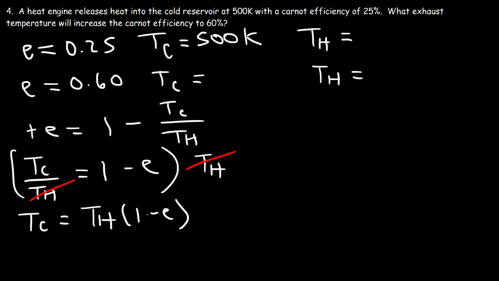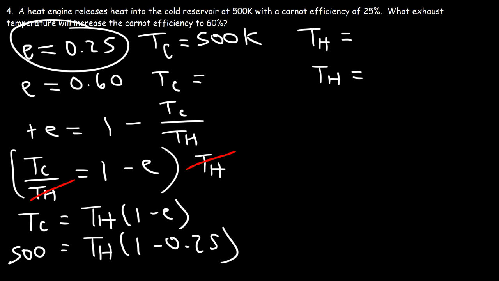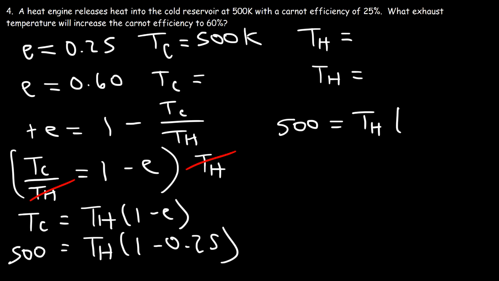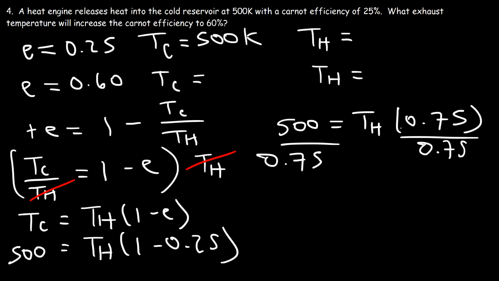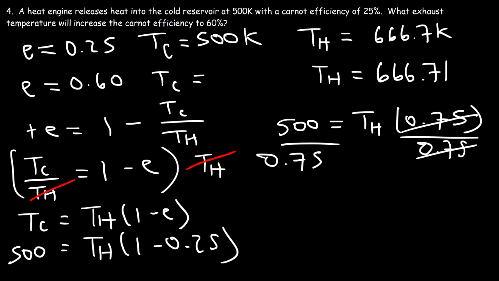So now let's calculate Th. Tc is 500 Kelvin, and the efficiency is 0.25 for the first situation. Now 1 minus 0.25 is 0.75. Now let's divide both sides by 0.75. 500 divided by 0.75 gives us a temperature of 666.7 Kelvin. So now, for the second situation, we're going to assume that this temperature is the same, it doesn't change.